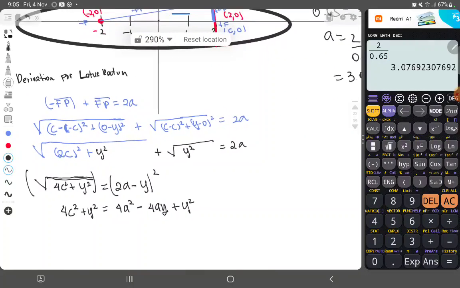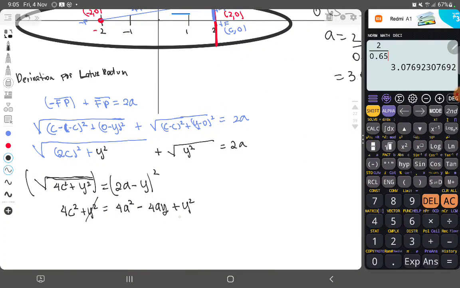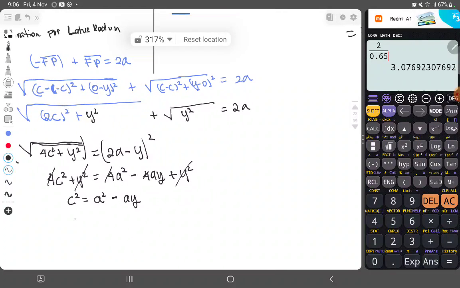By further manipulation of the equation, you will notice that we will cancel out our Y square because Y square minus Y square will be equal to 0. And then you can factor out our 4, so therefore 4 divided by 4 is equal to 1. So we'll have C square is equal to A square minus AY. So from here I will have AY is equal to A square minus C square.